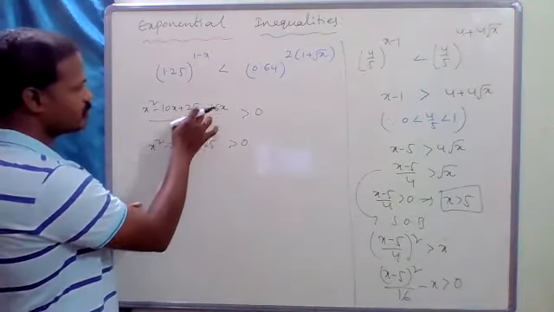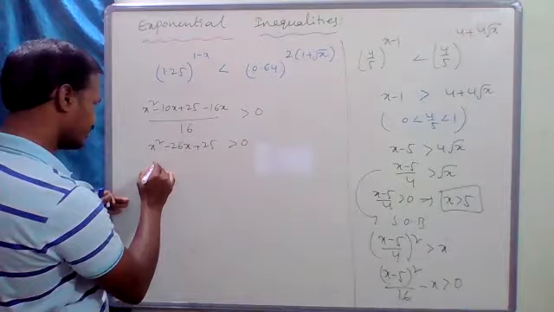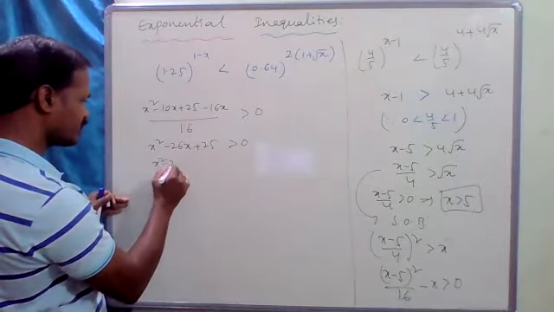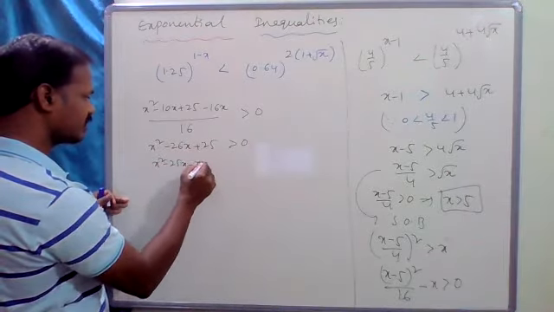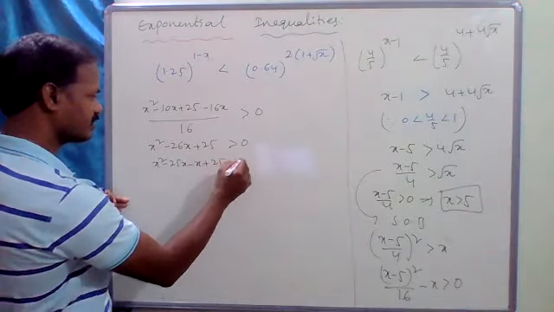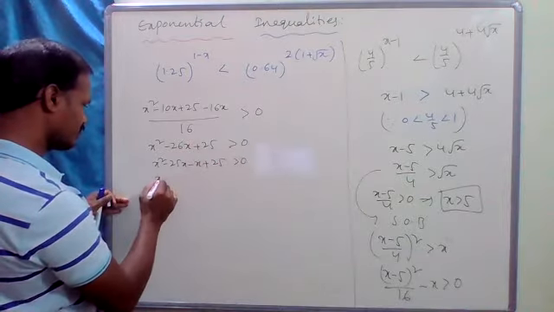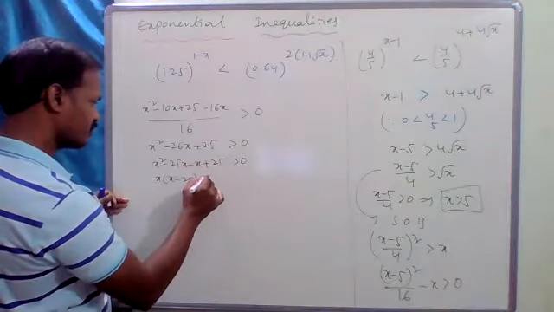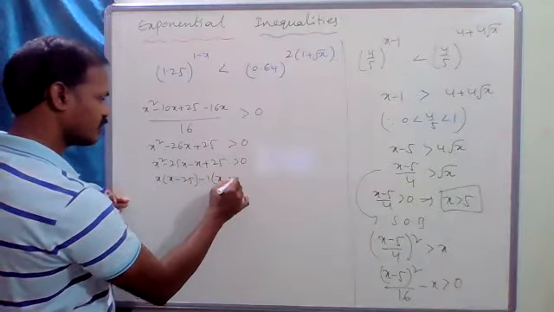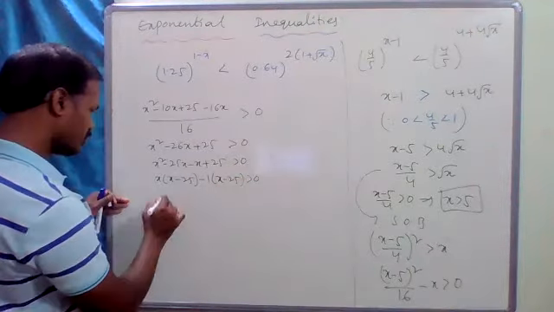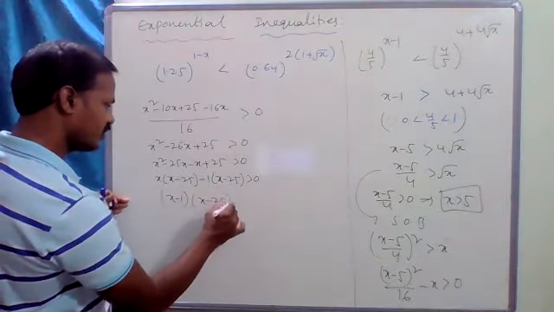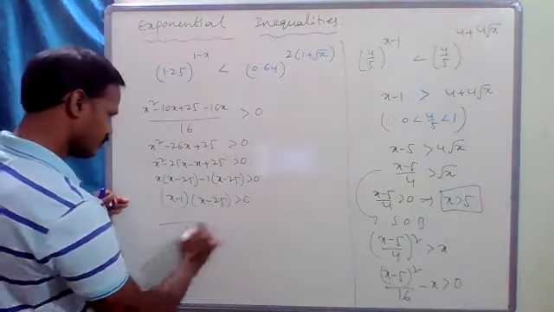So this should be positive. What are the roots? x square minus 25x minus x plus 25 is greater than 0. So x into x minus 25 minus 1 into x minus 25 is greater than 0. So that is x minus 1 into x minus 25 is greater than 0.